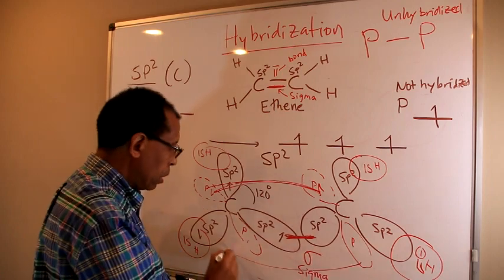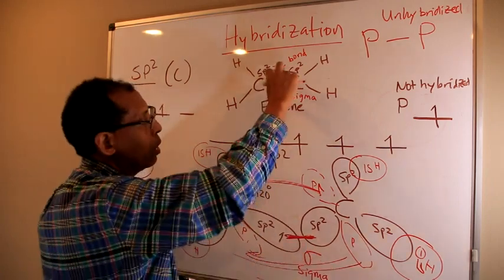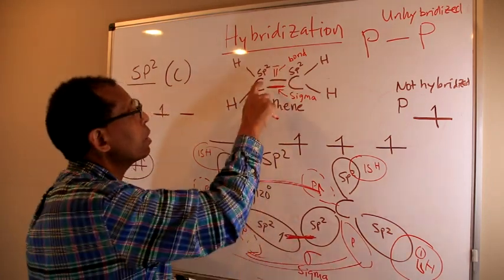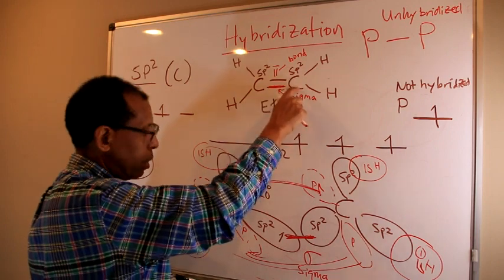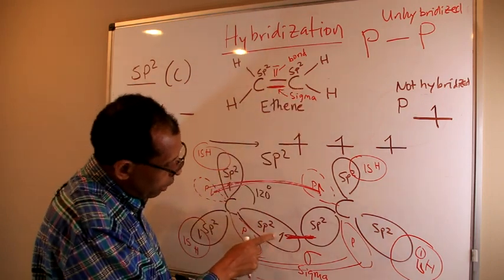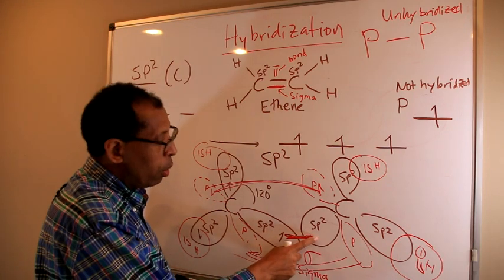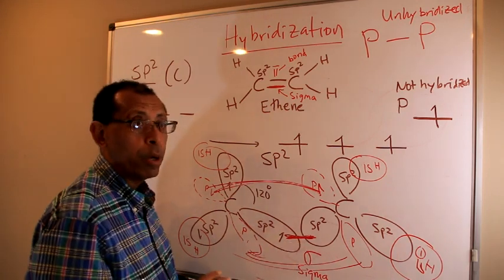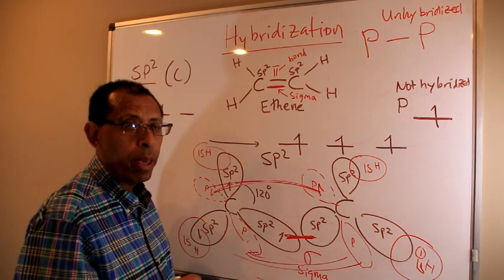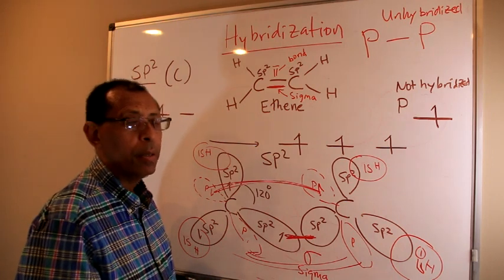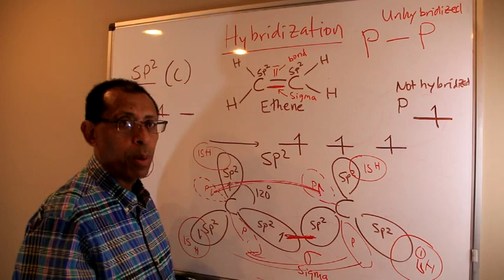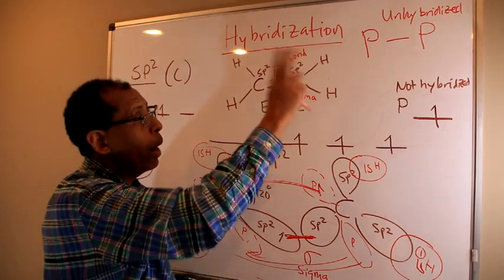But the sigma bond between this carbon and that carbon is made through a sigma type interaction, sp2, sp2. Always remember, hybrid orbitals always make only sigma bonds. Unhybridized p orbitals always make pi bonds.